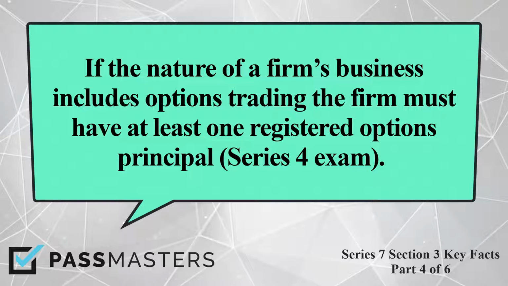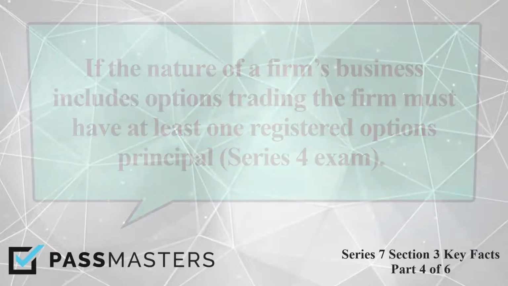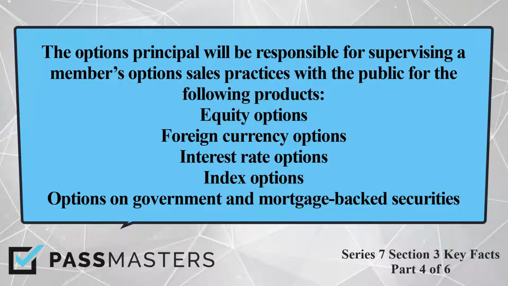If the nature of a firm's business includes options trading, the firm must have at least one registered options principal, Series 4 exam. The options principal will be responsible for supervising a member's options sales practices with the public for the following products: equity options, foreign currency options, interest rate options, index options, and options on government and mortgage-backed securities.